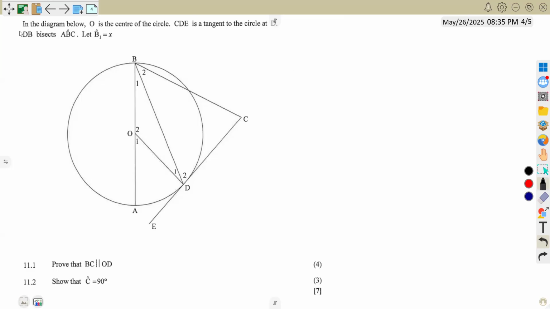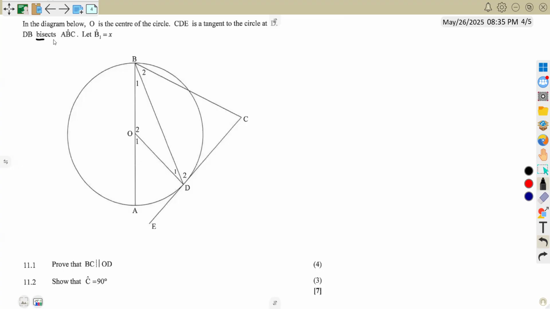Right. In question 11, in the diagram below, O is the center of the circle. Then you are told that CDE is a tangent to the circle at D. Then you are told that DB bisects ABC.